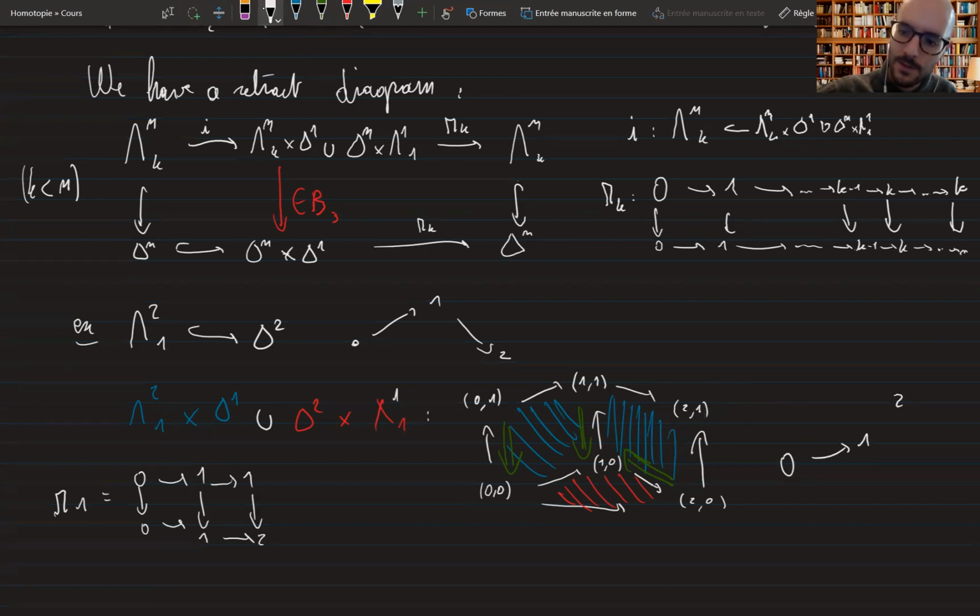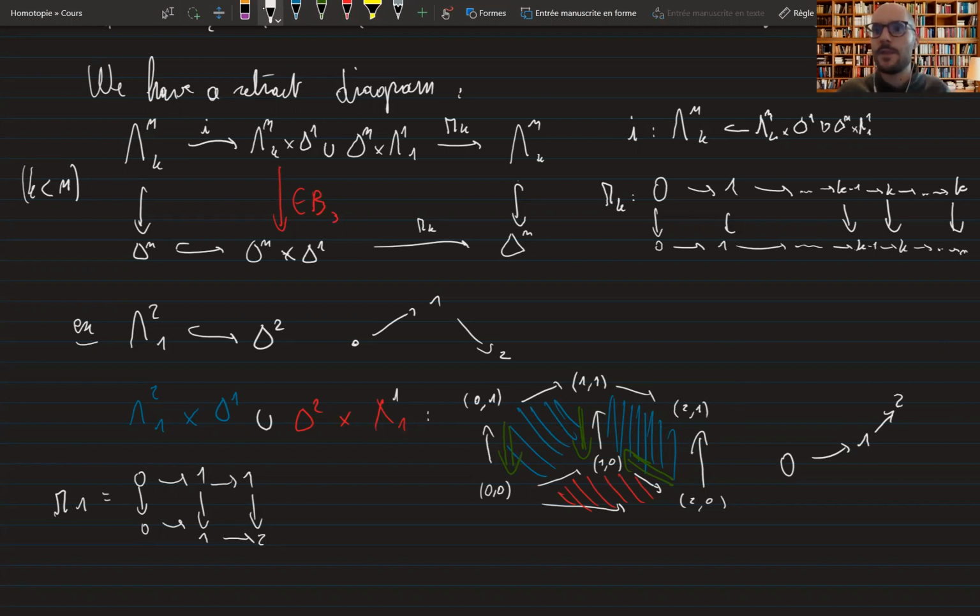Okay. So you collapse this whole thing to the 0. You collapse these three things to the 1, and you keep this one to the 2. Okay. And so you check that it is indeed a retraction.